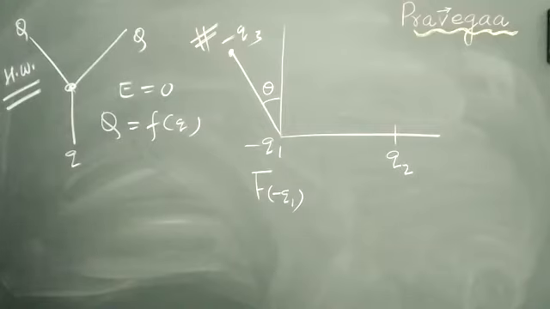Yes, sir. So think about it. Which law will you use? Coulomb's law. Force is to be calculated here. Which principle do we have to use? Superposition principle, right? So let us calculate.